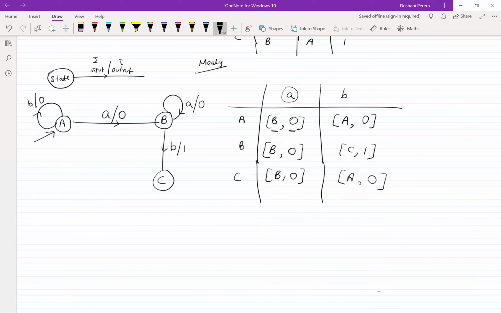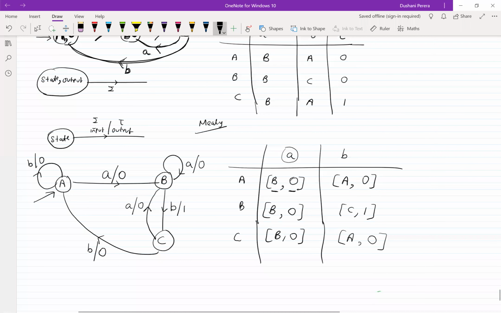Okay, then you're at C. When you're at C and you get a simple A, you go back to B and you print 0. Then from C, when you see a simple B, you go to A and you print a 0. This is the Mealy machine for this Moore machine.